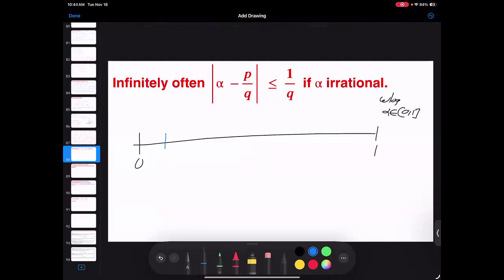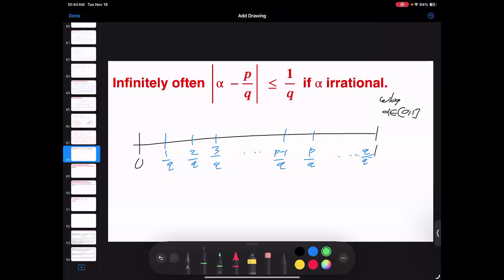Then what you do is just keep taking steps of size 1 over q: p minus 1 over q, p over q, and so on. And then this would just be q over q, which would be 1. So if I keep walking in steps of size 1 over q, then alpha has to fall in one of these intervals.